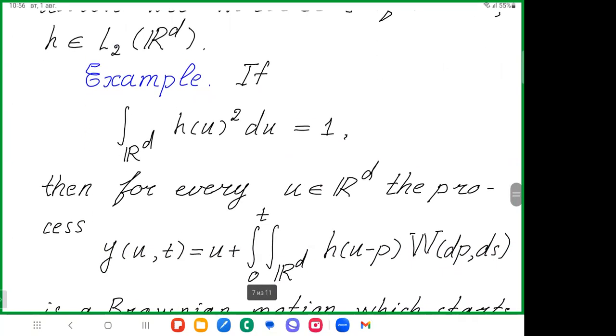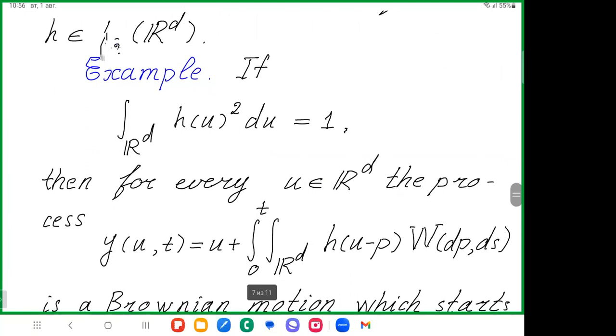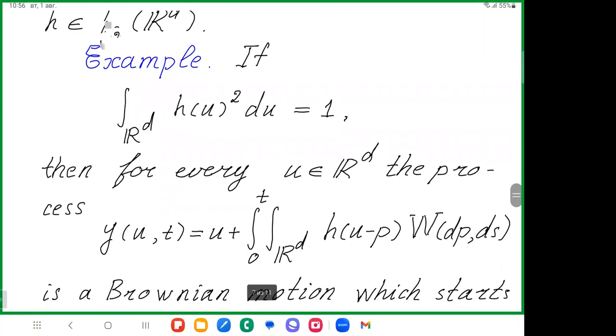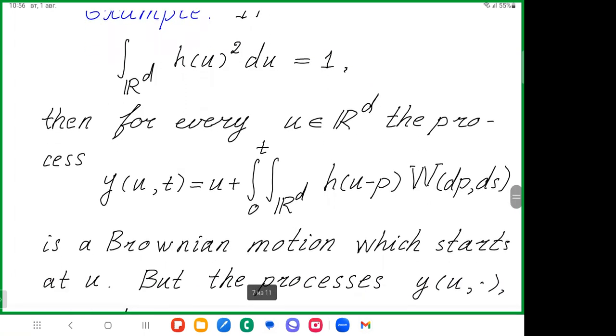Then for every u such a process y^u(t), which is equal to u plus the integral from 0 to t of the integral over R^d of h(y^u(s) minus p) W(dp, ds). So this process just describes the random motion of our particle, one particle. This process is a Brownian motion which starts at u.